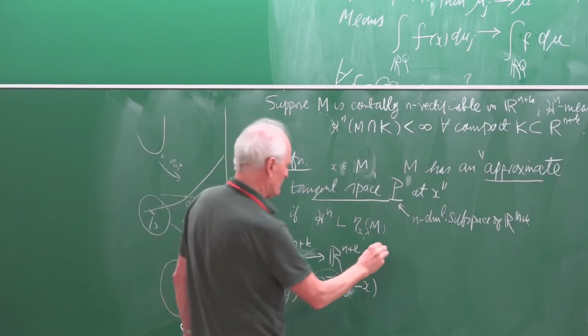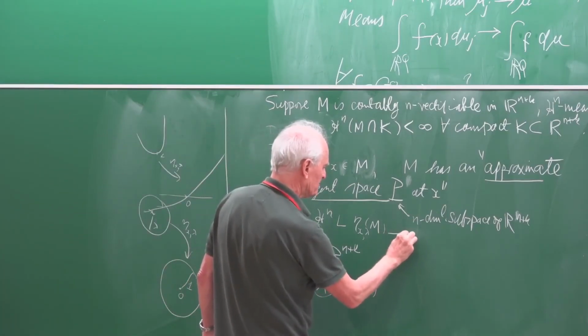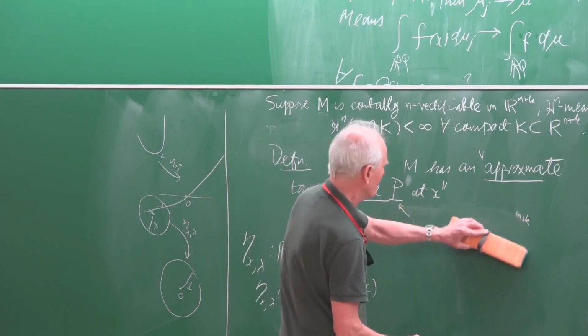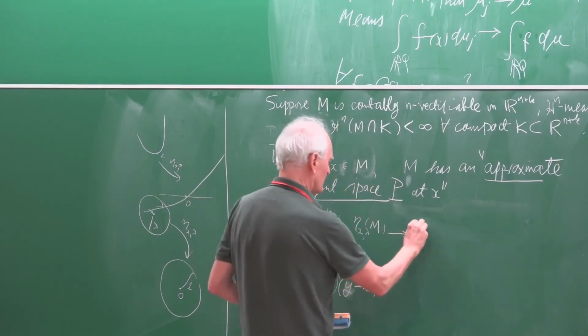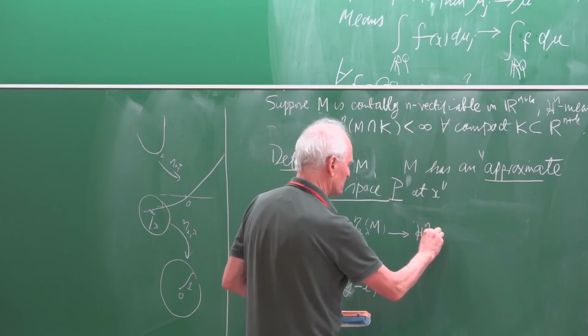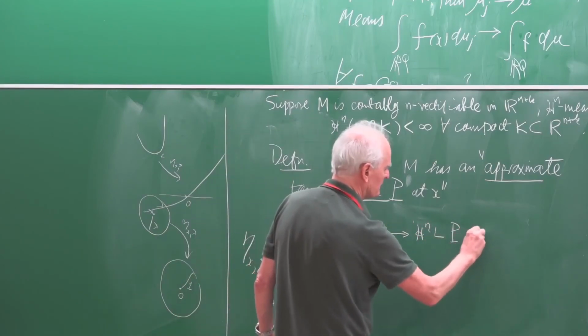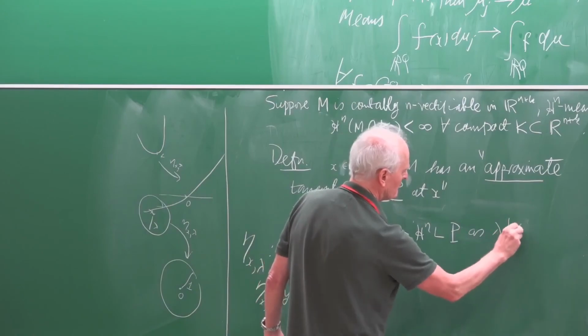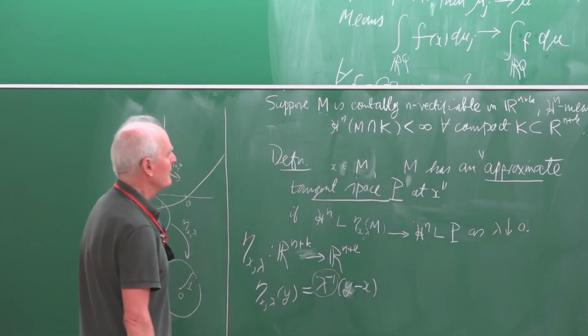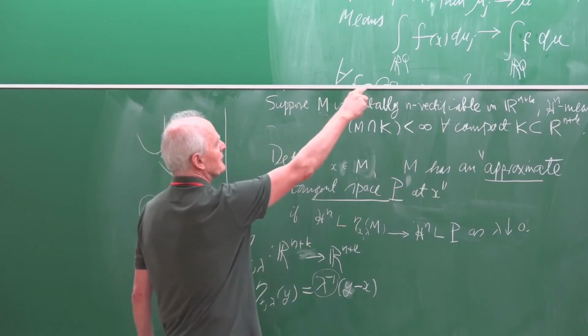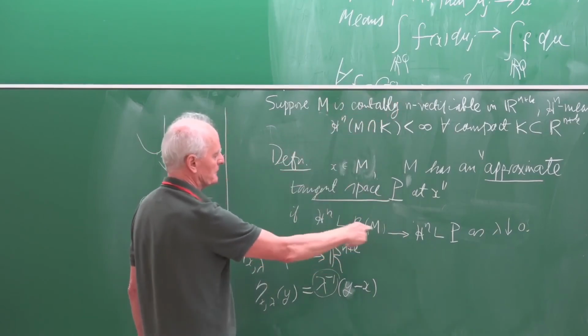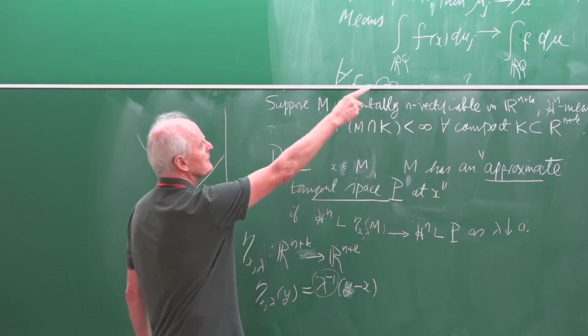So if that tends to Hn restricted to P as lambda tends to 0. Now we've got to remember what that means. Here's our definition of convergence. This is a sequence of measures, so we've got to make clear what we mean there.